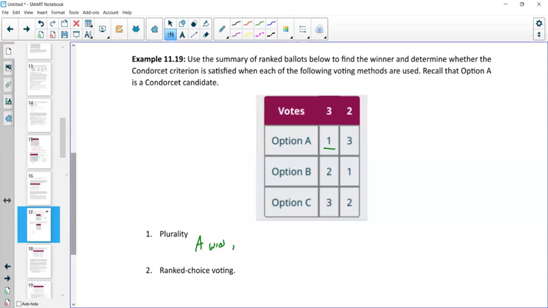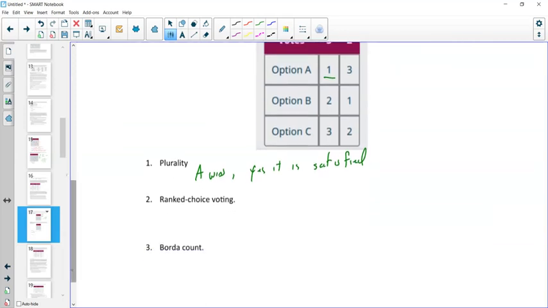And since A wins, yes, the Condorcet criterion is satisfied. Ranked choice voting, which would be basically the same as our Condorcet or head-to-head. So again, A wins. And yes.